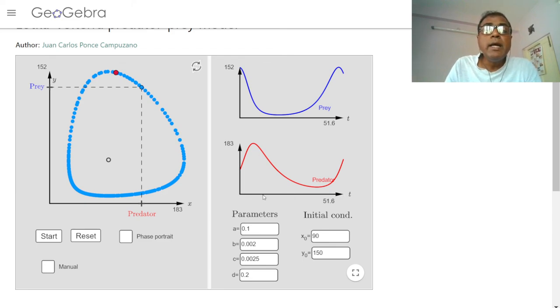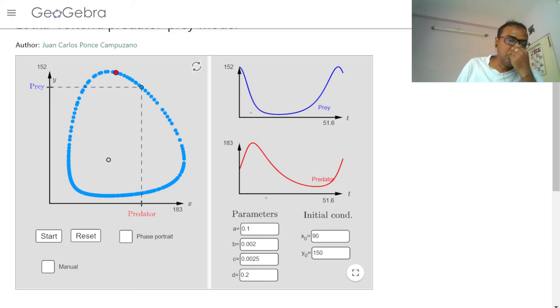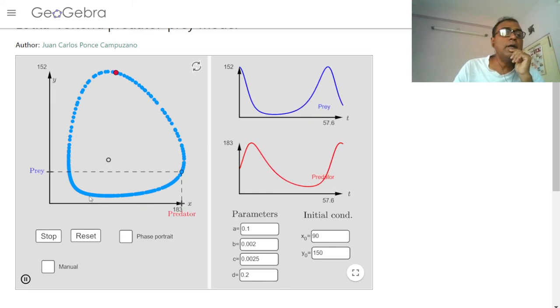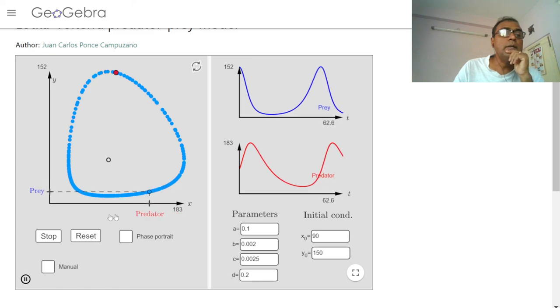So suppose tau is here, then from that point the predator is at maximum height and the prey is at this height. And if you start, the trajectory lies on the same path.